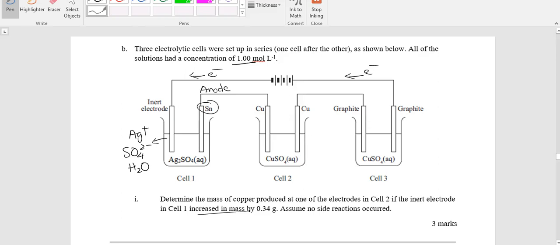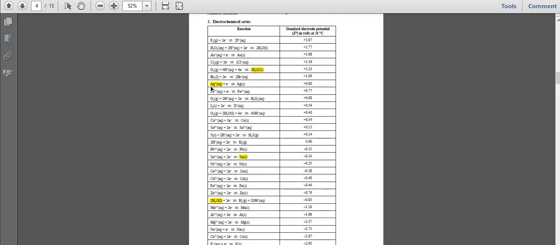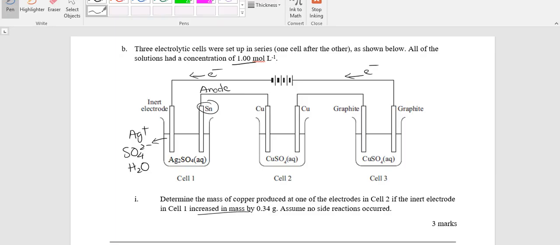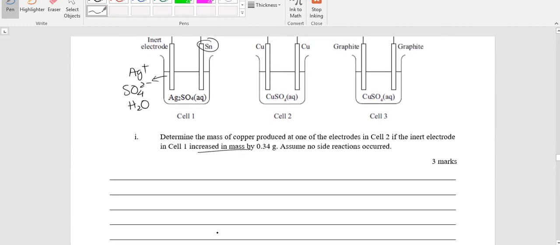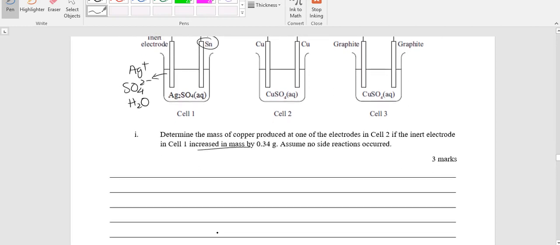That has to be the product of electrolysis, and that can only happen if you produce a solid. So the reaction at the cathode has to be Ag+ plus electrons going to Ag, even though there may be some spontaneous reaction between Ag+ and tin. That cannot be what the question is trying to refer to.